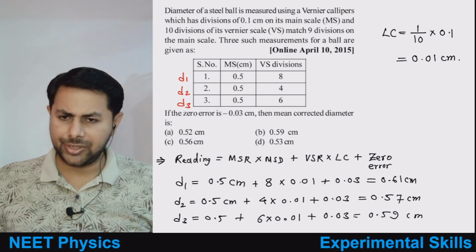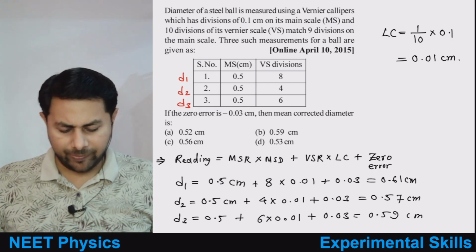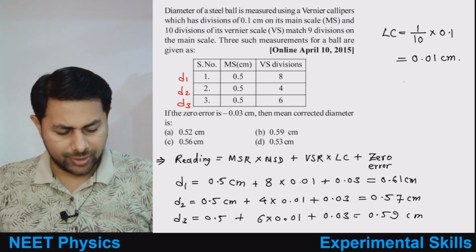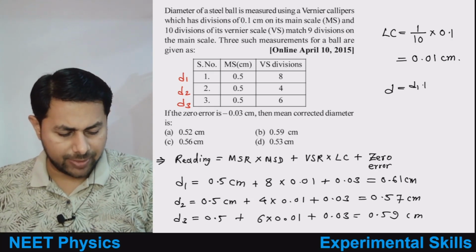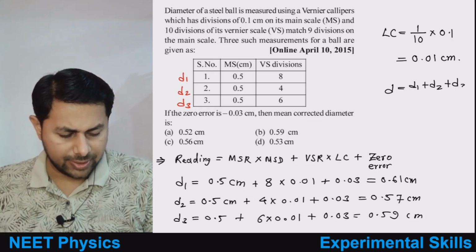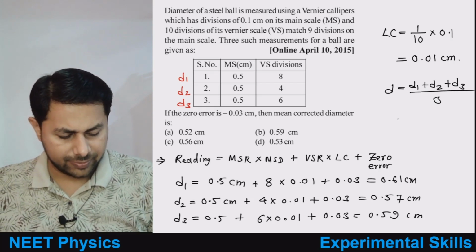Now you just need to take the average of them, the mean. So D is equal to D1 plus D2 plus D3 divided by 3.